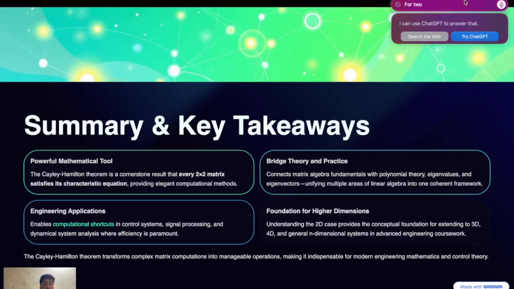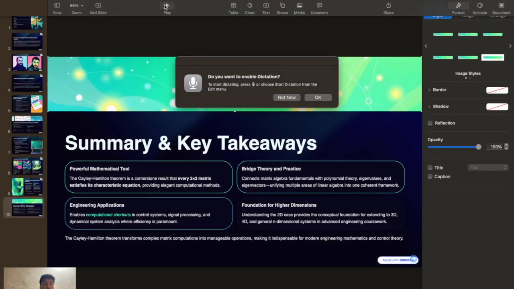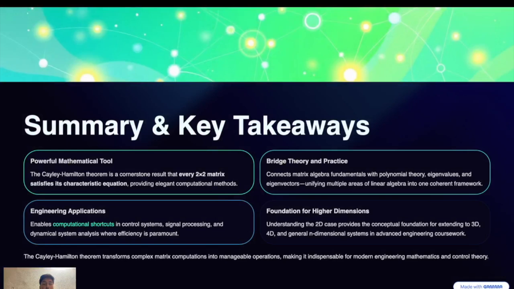For 2 by 2 matrices, this is written as A squared minus trace of A times A plus det of A times I equals 0. It simplifies matrix computations, helps find higher powers of matrices and is extensively used in engineering applications. Conceptually, it shows that every matrix knows its own algebraic identity defined by its trace and determinant.